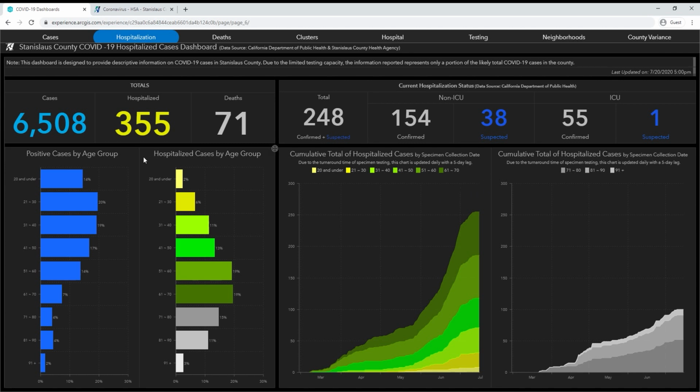Here you can review the number of cases that have been reported to us that are hospitalized, the number of patients that reported to us they were in the ICU, as well as the total number of cases that have been hospitalized based on age. You can also see the cumulative total number of hospitalized cases broken out by age.